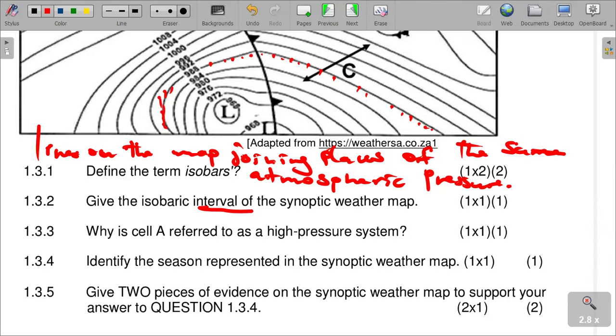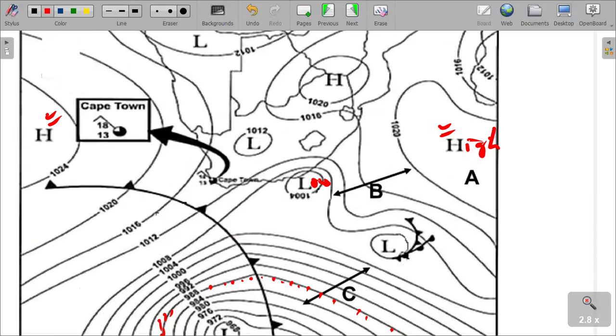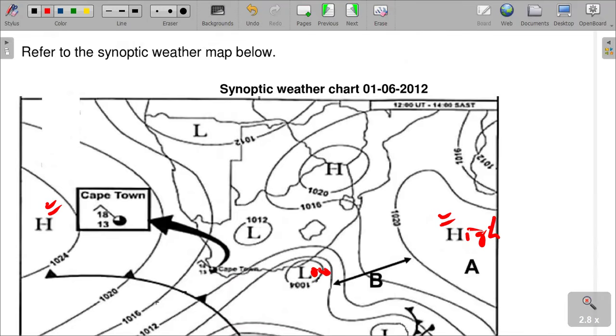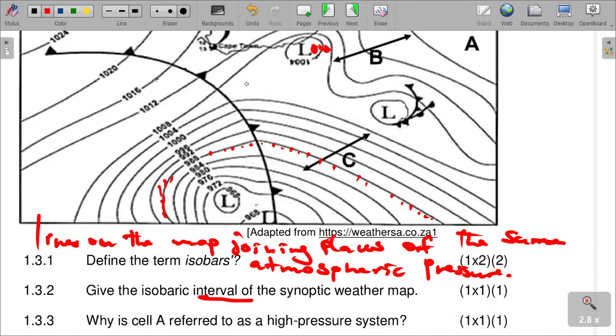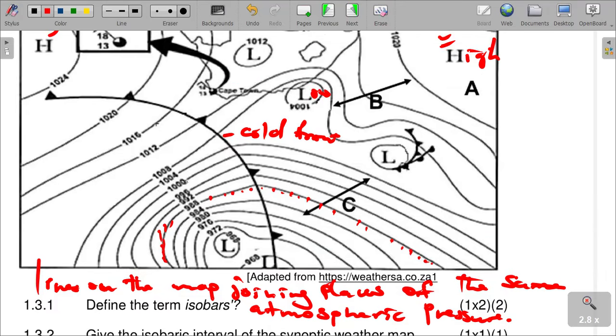According to this map, where we have a cold front here, the interval is from 972 to 976, and then 976 to 980, and then 980 to 984.